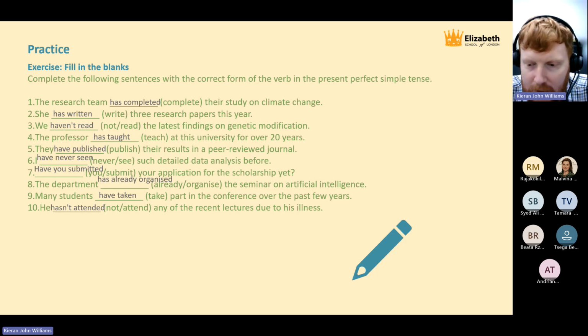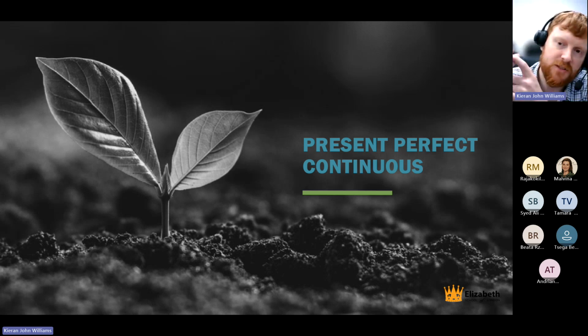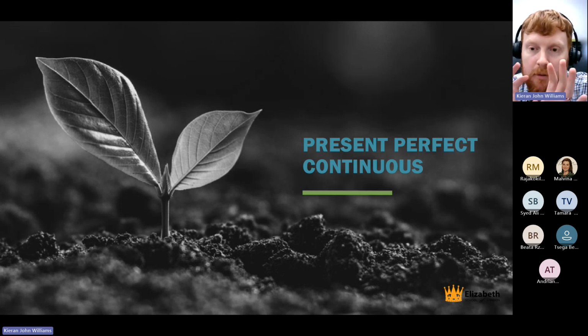So I think we're ready to go on to the last one that we have here, which is present perfect continuous. So this takes some of the information from present perfect and some of the information from present continuous and puts them together in an idea.